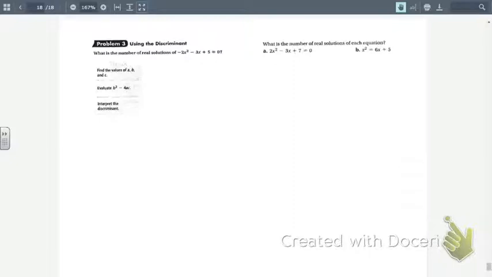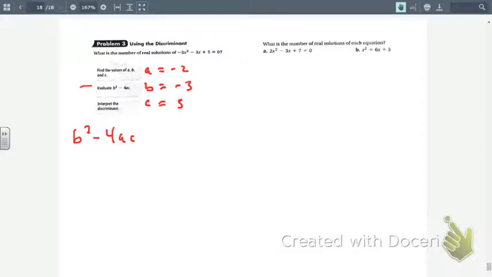So for problem 3, using the discriminant, what is the number of real solutions of -2x squared minus 3x plus 5? We have to write down the discriminant first, b squared minus 4ac. Find the values of a, b, and c. Our a is equal to -2, our b is equal to -3, and our c is equal to 5.